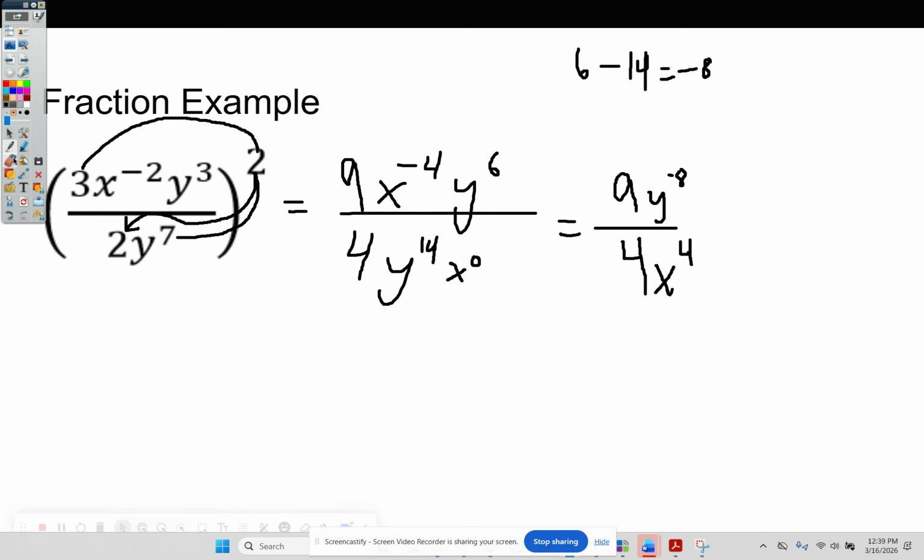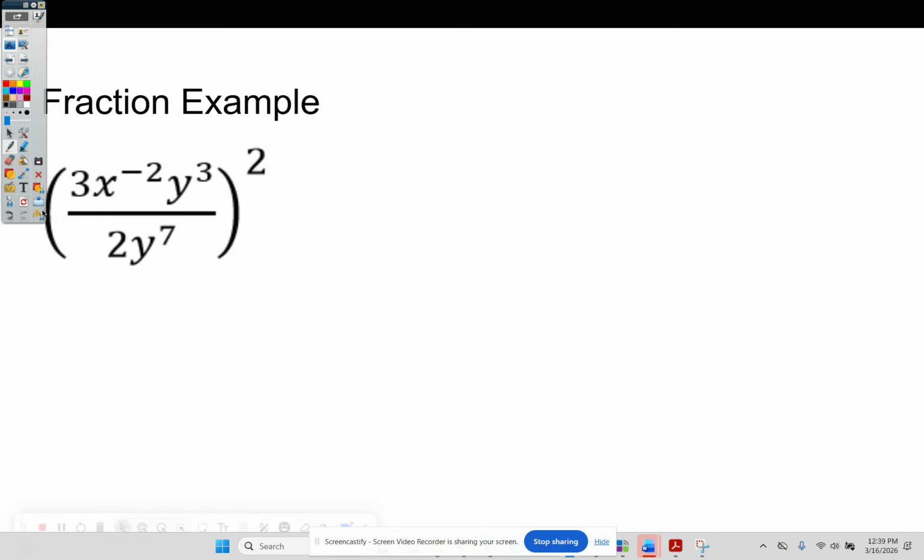So instead, I'm going to go ahead and put the y in its appropriate location, which is the denominator, and then I'm going to get to change it to a positive. All right, so I kind of did 2 steps in one. 6 minus 14 was a -8. The -8 told me that I need to write that in the denominator. And that is going to conclude this video, I believe.